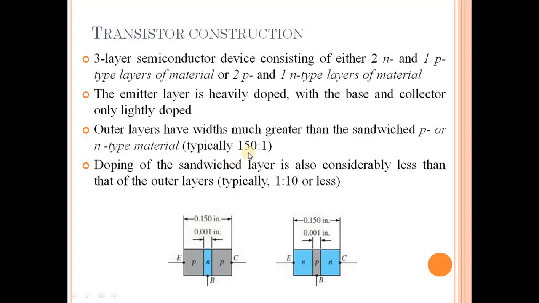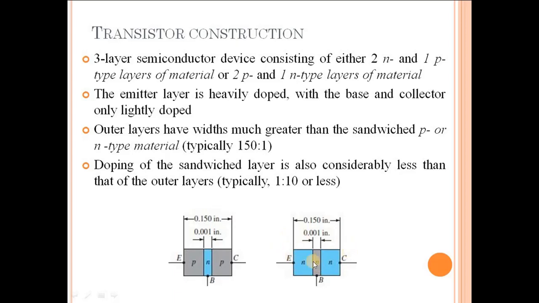So there is a ratio of typically 150:1. So if the total width of the BJT, including all three layers, is 150, then the base comprises only one part out of this 150. Such thin is the base layer in a BJT.